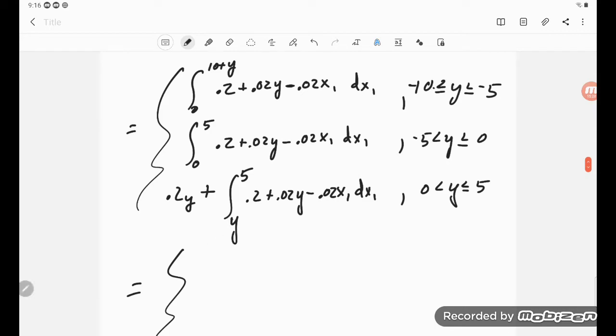So we have our 0.2 times 10 plus y. 0.2 times 10 is 2, so I guess we get a 2 plus 0.2y. And then we'll get a 0.2y plus 0.2y, I think.